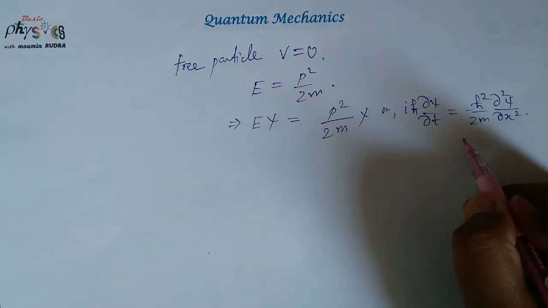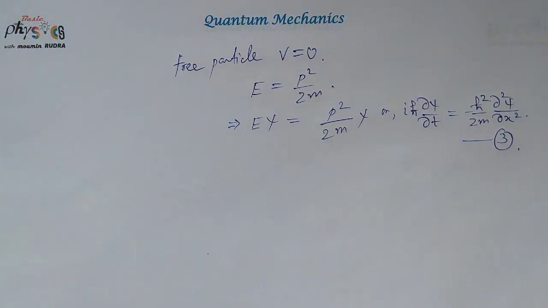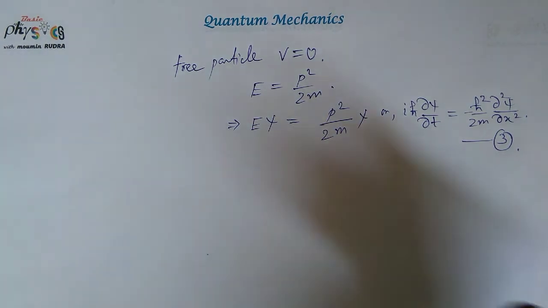This is equation number 3, the one-dimensional time-dependent Schrödinger equation for a free particle of mass m.